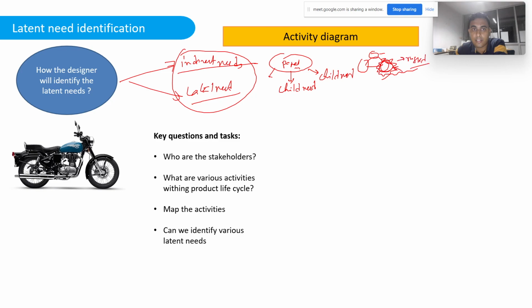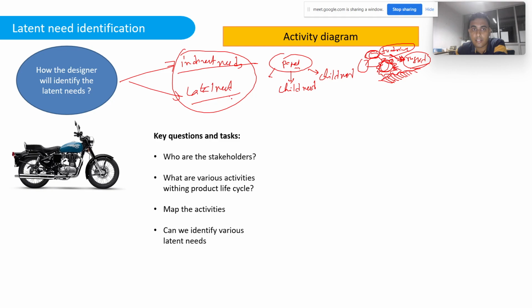These are actually derived from the initial parent need, which is to drive, or to go for a long ride. And then we discussed that there are different terrains, so for this particular terrain we need rugged. So these are something called indirect needs.